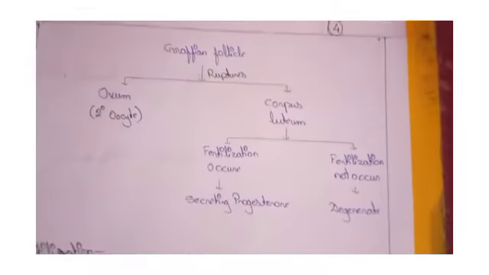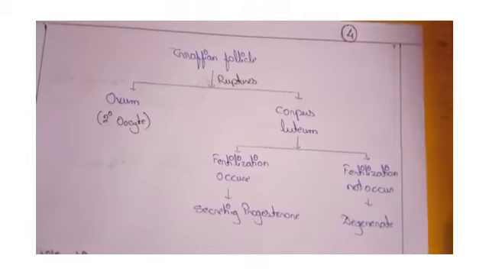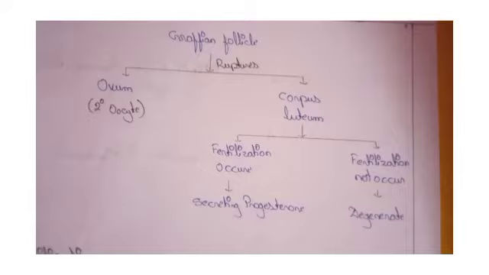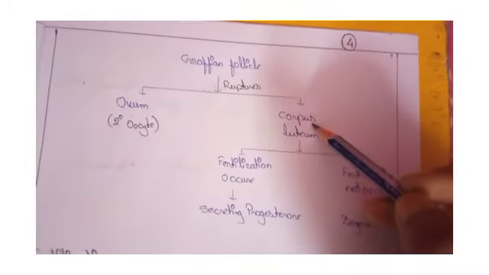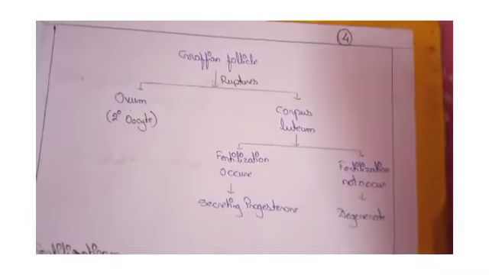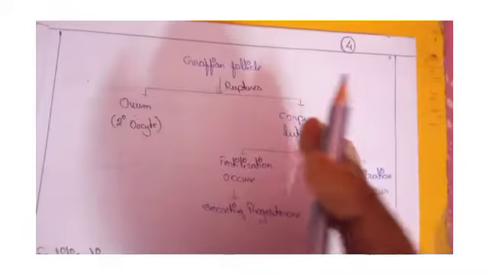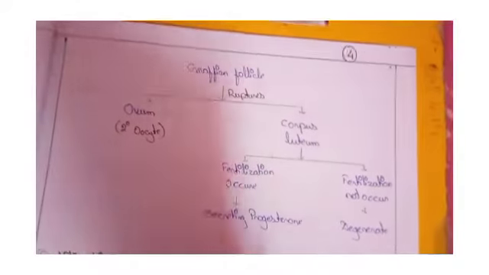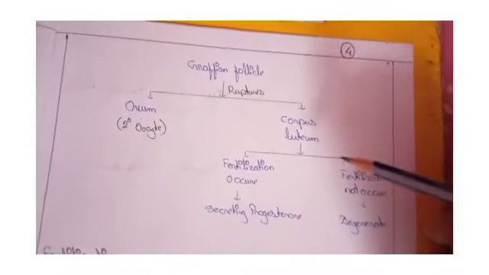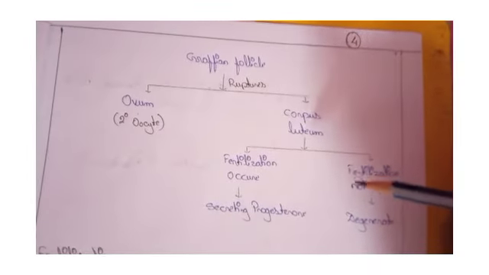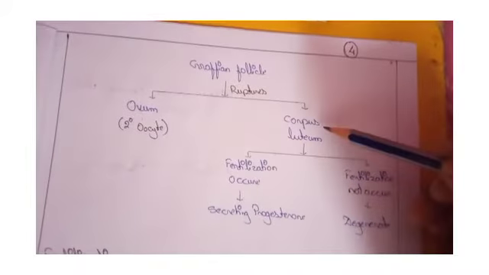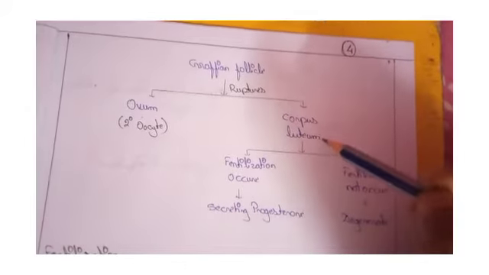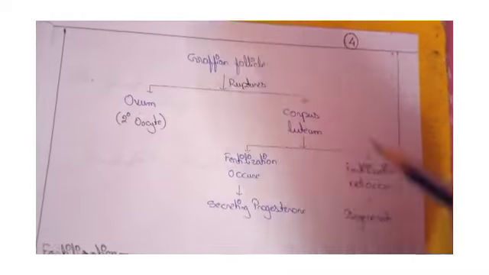So when the Graafian follicle ruptures, it forms two structures: the ovum and the corpus luteum. If fertilization occurs, the ovum is formed, but if fertilization does not occur, it degenerates and forms the corpus luteum.